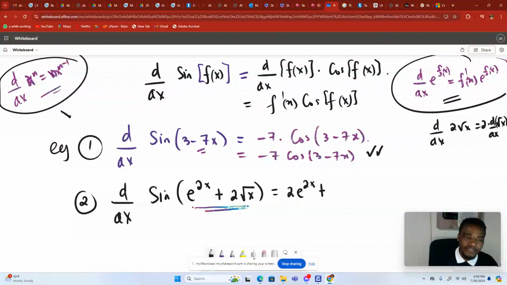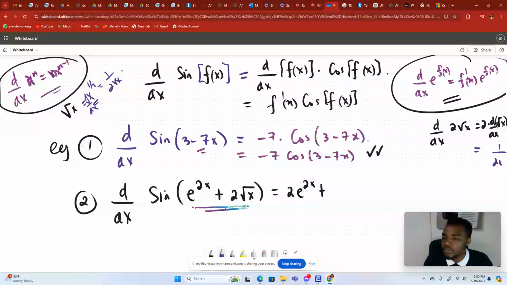Root x is basically the same as x to the power of half. So the derivative of x to the power of half gives us 1 over 2 root x. So here, the derivative of root x is 1 over 2 root x, times this other 2. So the 2 and the 2 cancel out. By the end of the day, the derivative of 2 root x is 1 over root x.